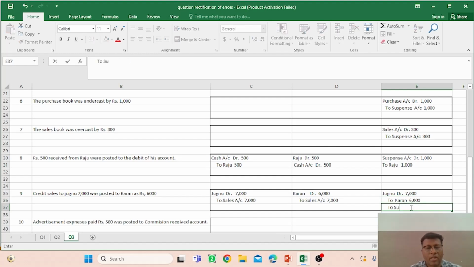Another use of suspense account, rupees 1,000. Okay, so this is your rectified entry.